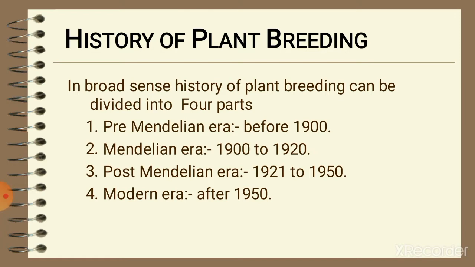Third, the post-Mendelian era, from 1921 to 1950. And the last one is the modern era, which starts after 1950. So one by one we are going to see the history of plant breeding in these four parts.